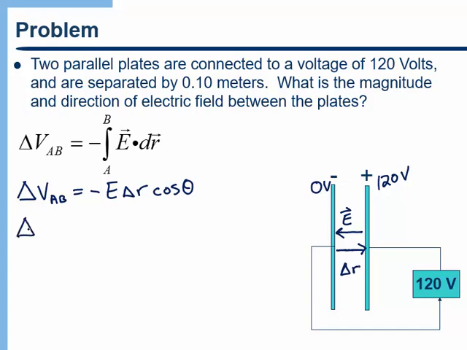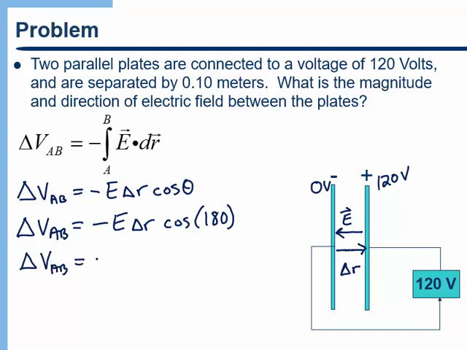So delta VAB is equal to minus E delta R cosine of 180. And so you'll notice that's just going to get rid of the minus sign in the front. And I get that delta VAB is equal to E delta R. Okay? Or finally, the electric field is equal to delta VAB, the electric potential difference, divided by delta R.